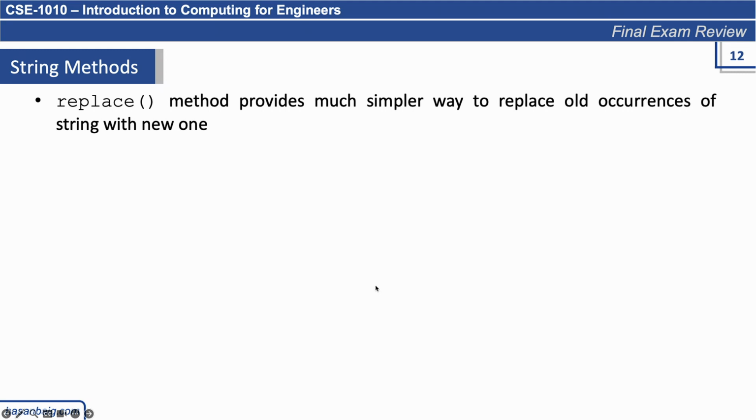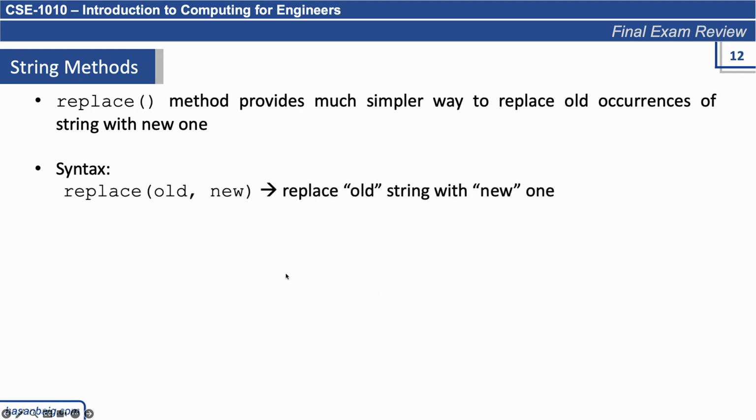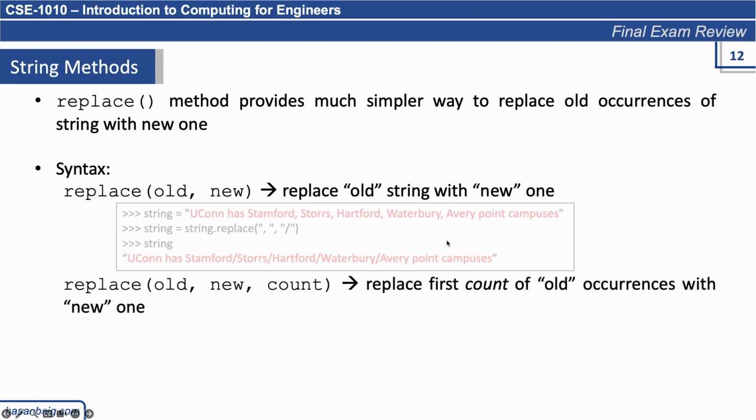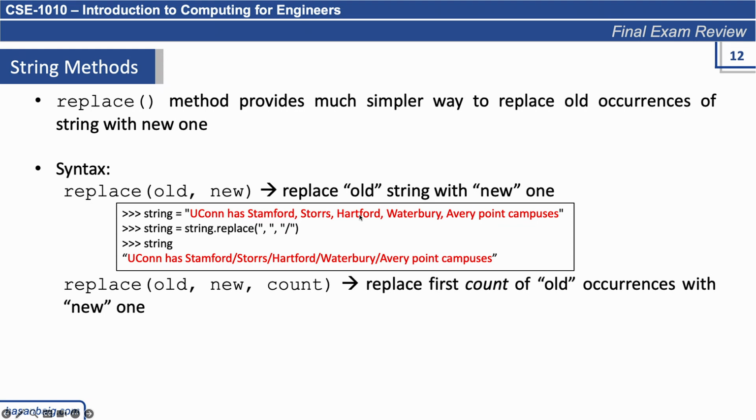Another one, the replace method, provides a much simpler way to replace old occurrences of a string with a new one. So here we specify the old string that we want to replace with a new one. Let's take an example here. Again, this is a string: Yukon has Stanford, Stores, Hartford, Waterbury, Avery Point campuses.